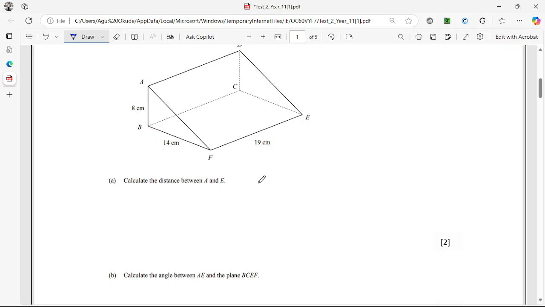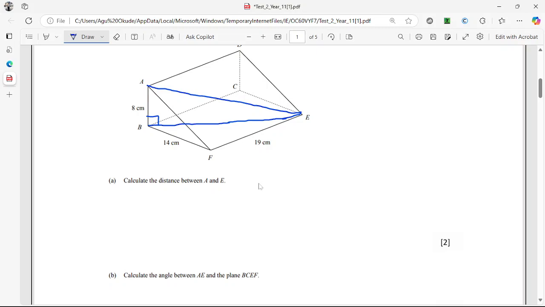Which means we are going to join point A to point E, just like so. Now I have to join point B to point E to form the complete right angle triangle. The angle formed here is 90 because these lines are perpendicular lines.